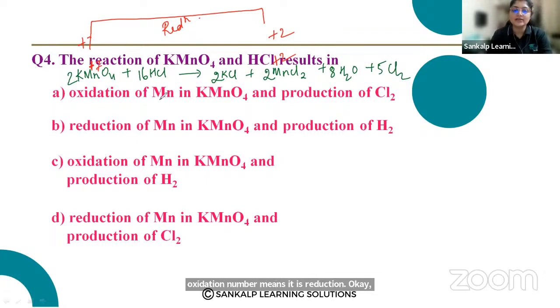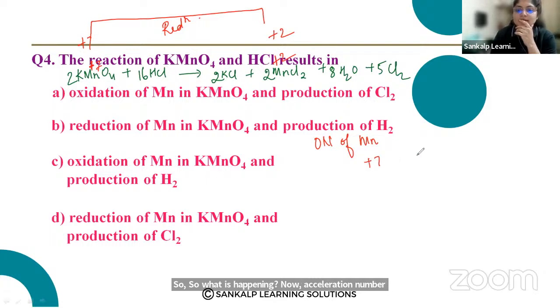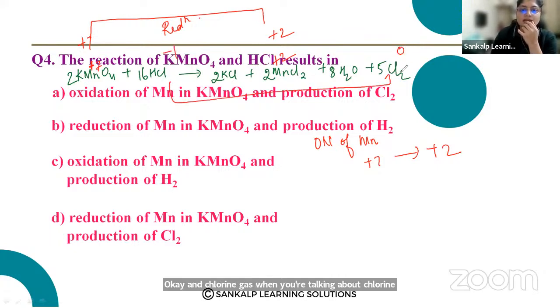The oxidation number of Mn changes from plus 7 to plus 2. For chlorine, in HCl it is minus 1 and in chlorine gas it is 0, so from minus 1 to 0 there is an increase in oxidation number, so it is oxidation.